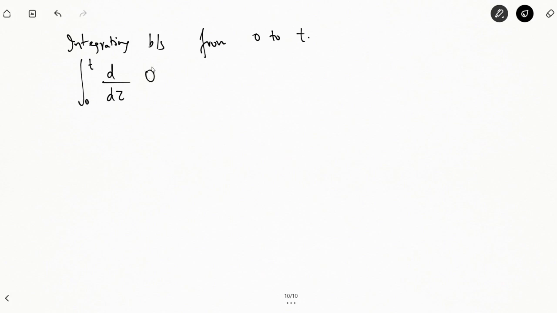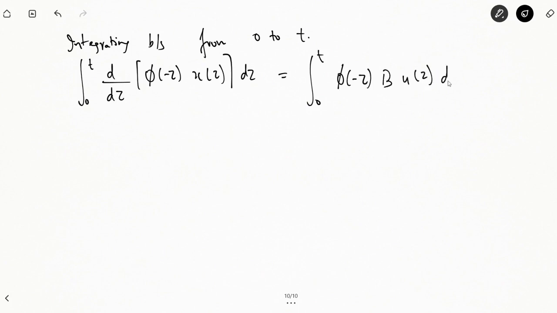So I have basically transformed the variable t to tau. Now integrating both sides, the integral of d by d tau of phi of minus tau x(tau) d tau on the left, and on the right hand side, 0 to t phi of minus tau B u(tau) d tau. Which implies d tau gets cancelled on this side.